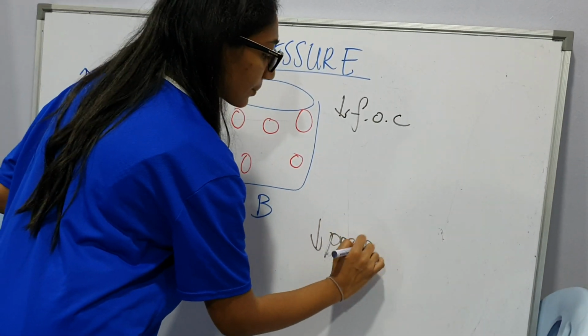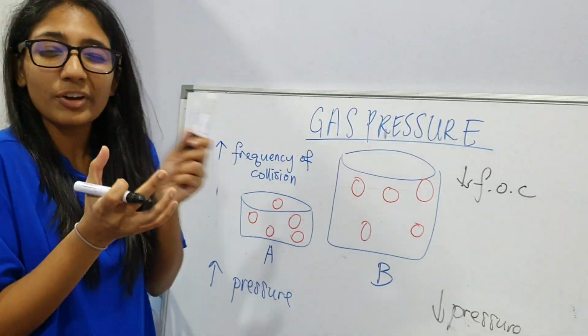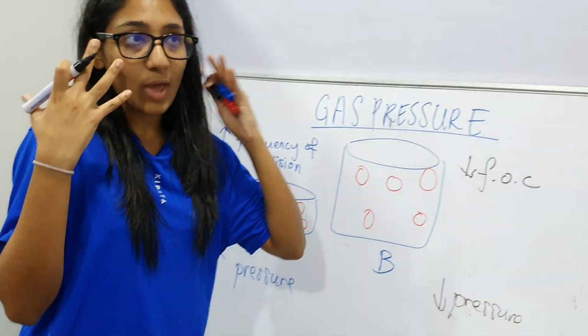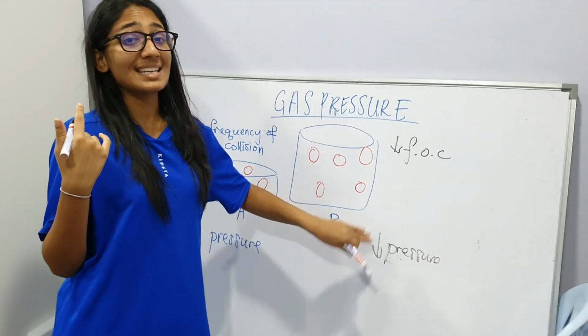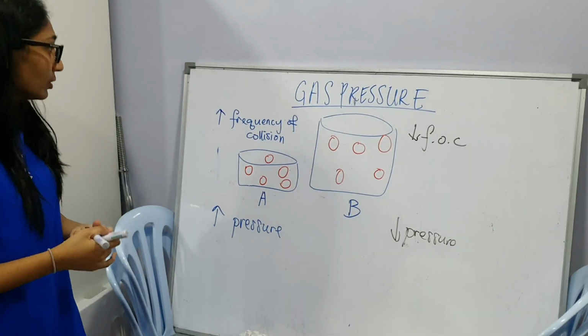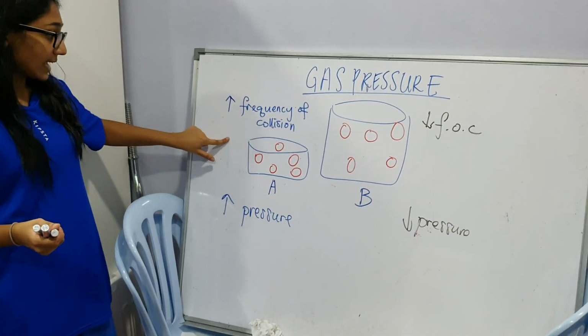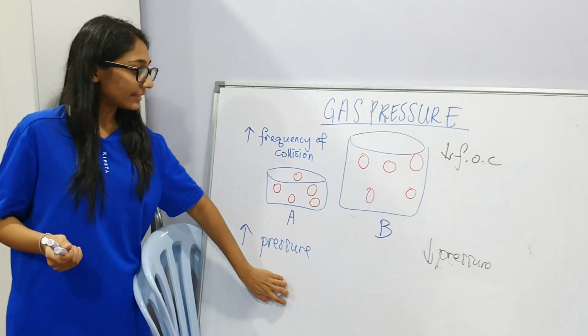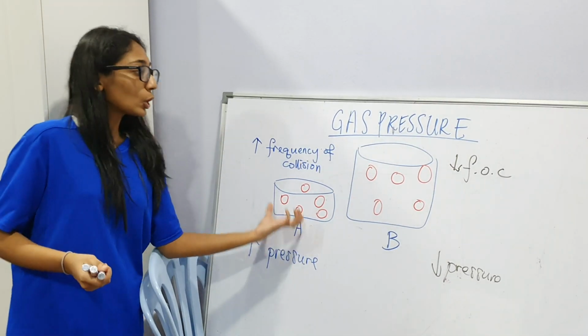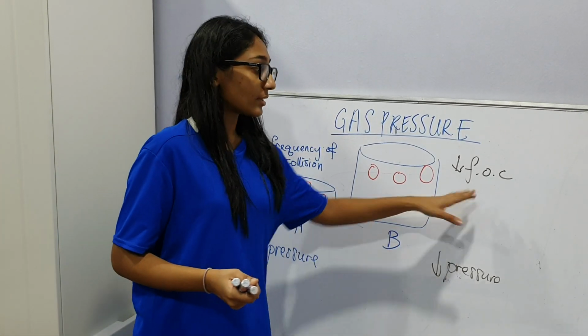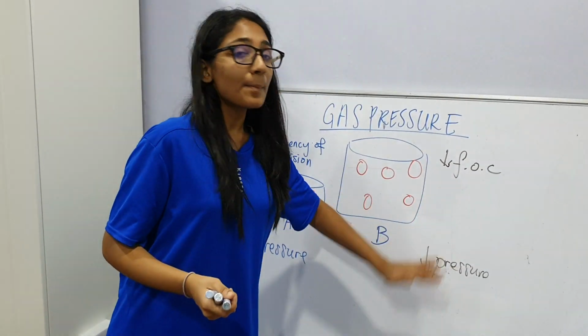They're not too stressed up because they're not hitting each other as much, they're not very close to each other, and therefore there is less pressure. So when the frequency of collision is higher, the pressure is higher in a smaller container compared to a bigger container where the frequency of collision is lower, which means pressure is lower.